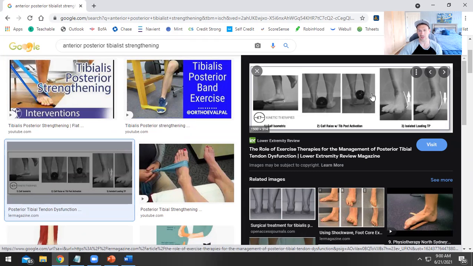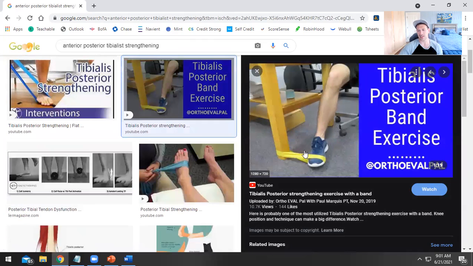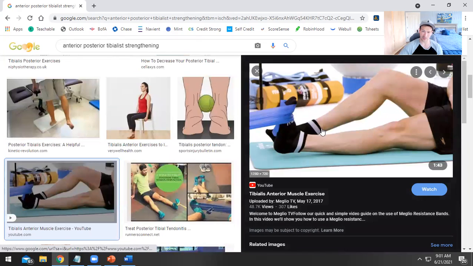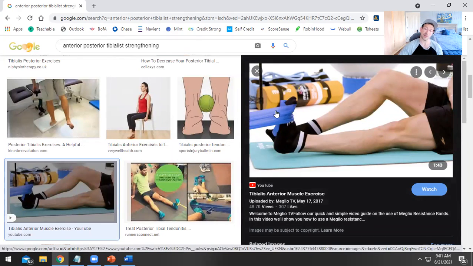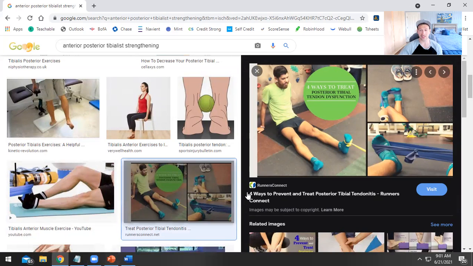That's really good for your posterior tib. And then obviously there's resisted dorsiflexion and resisted inversion. You can see here, this resisted inversion is really good for your posterior tibialis. This version, where the band pulls this way and you pull your toe this way, that's resisted dorsiflexion. Both of those are really good for strengthening the tibialis muscles.